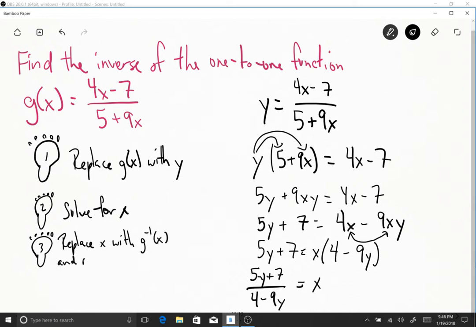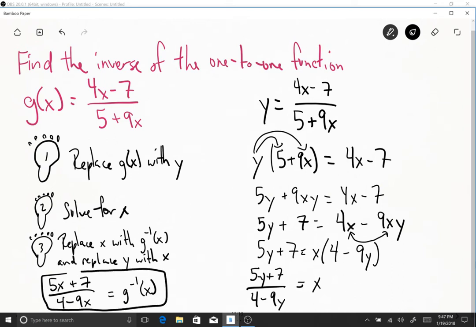And after we do that, we replace y with x. So before I get into that, I don't want to make it too confusing. Go g inverse of x, then we have 5x plus 7 all over 4 minus 9x. And that is it.